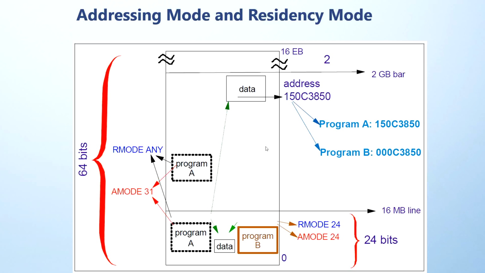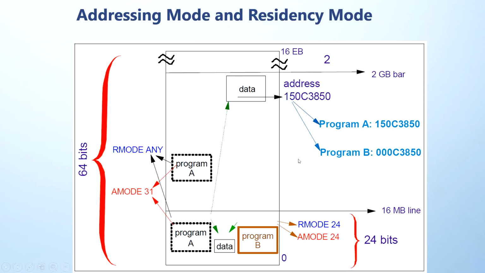So till now we have discussed how a typical address space in z/OS looks, and how it is achieved by the illusion storage called virtual storage. If you see, the address space has a map: it has below the line, above the line, and above the bar as well. The line is limited to 16 meg and the bar is limited to 2 gig, and beyond that the limit is 16 exabytes, that is above the bar.